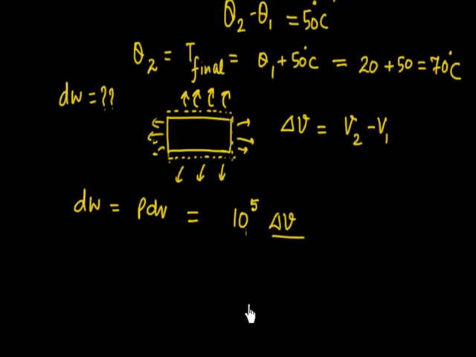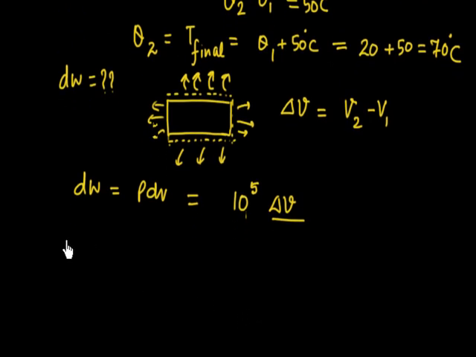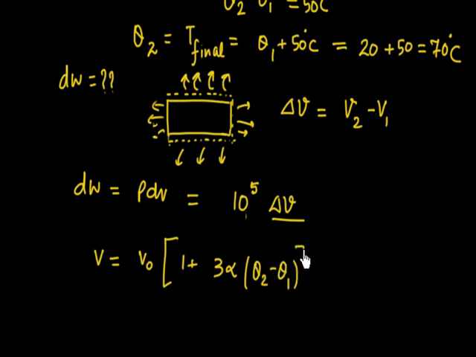We can calculate delta V using heat expansion, so thermal expansion. So if you remember, there is a formula. V is equals to V naught into 1 plus 3 alpha delta theta, that is theta 2 minus theta 1. Are you getting? So this is theta 2 minus theta 1, if you remember this formula.